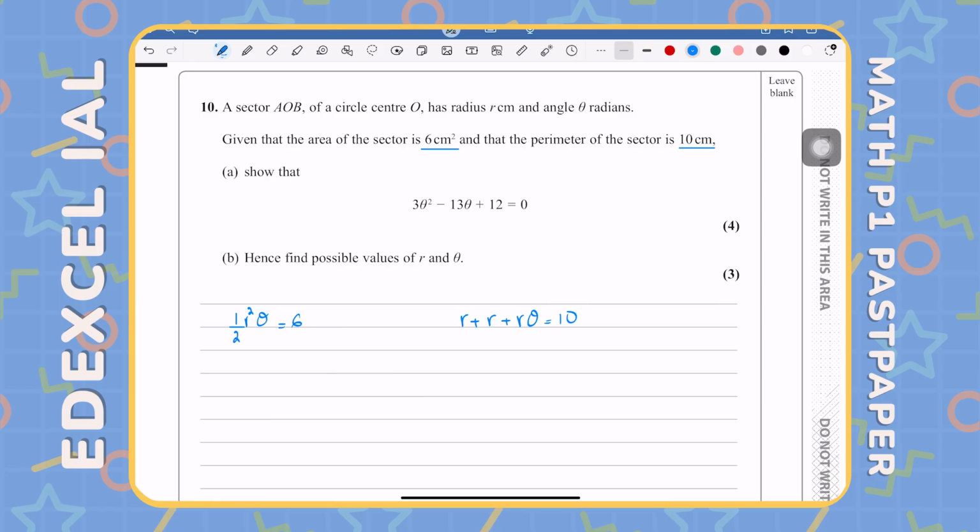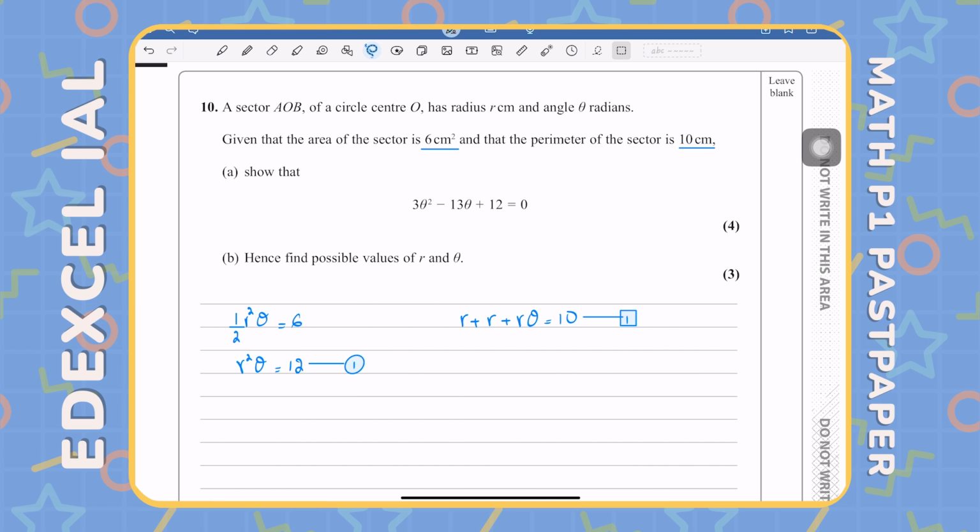Okay, so let's put this together. Let's substitute, but first, let's make r the subject using any one of the two equations. I think I'm going to go with equation number 2 because it's relatively easier making r the subject there. So first of all, the area equation becomes r square theta is equal to 12 after cross multiplying. This is the first equation.